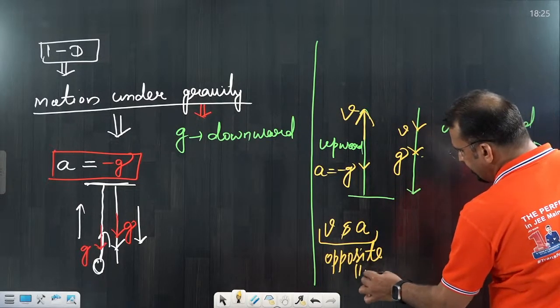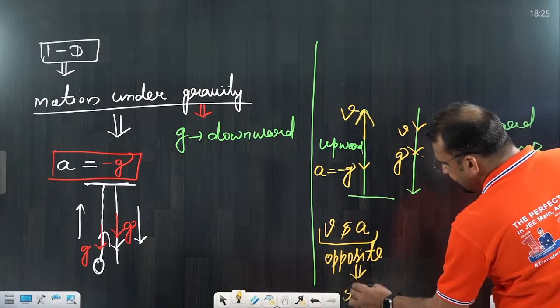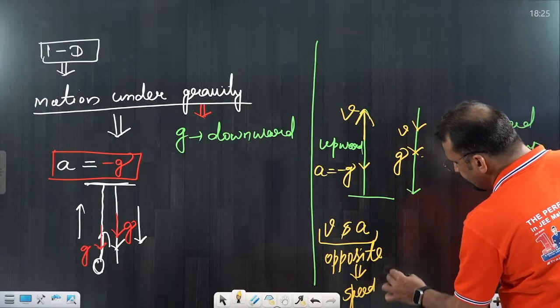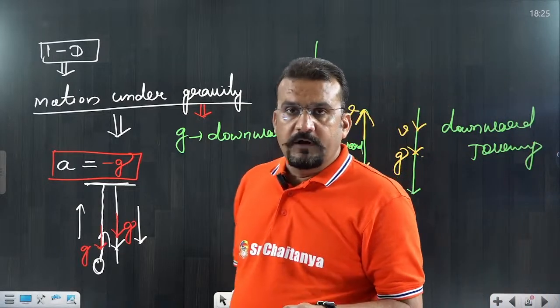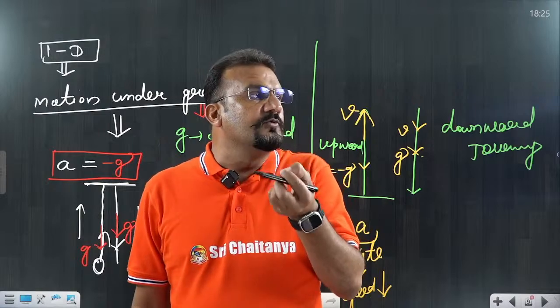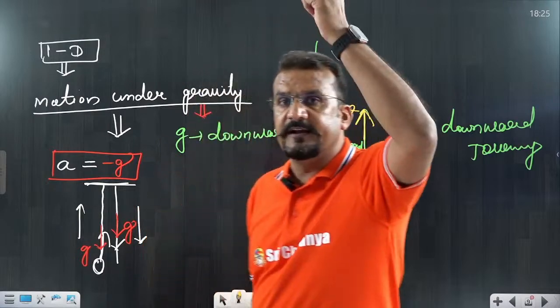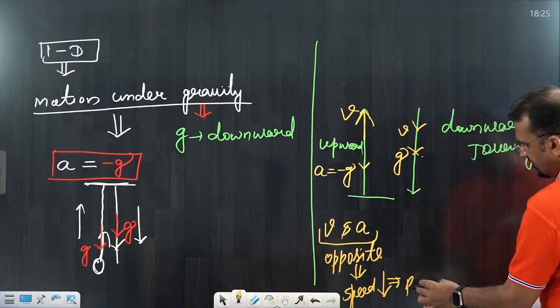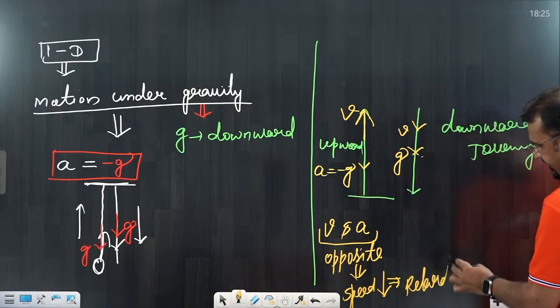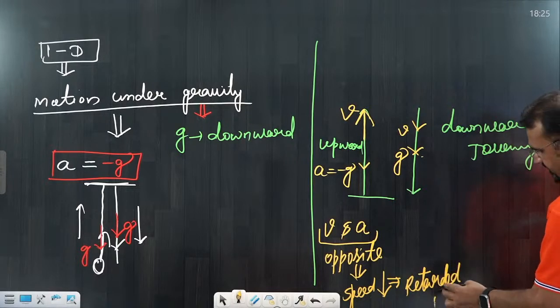Opposite direction means speed decreases. That's why when you throw a ball upward, its speed reduces and at a moment it becomes 0. Speed decreases means this motion is called retarded motion.